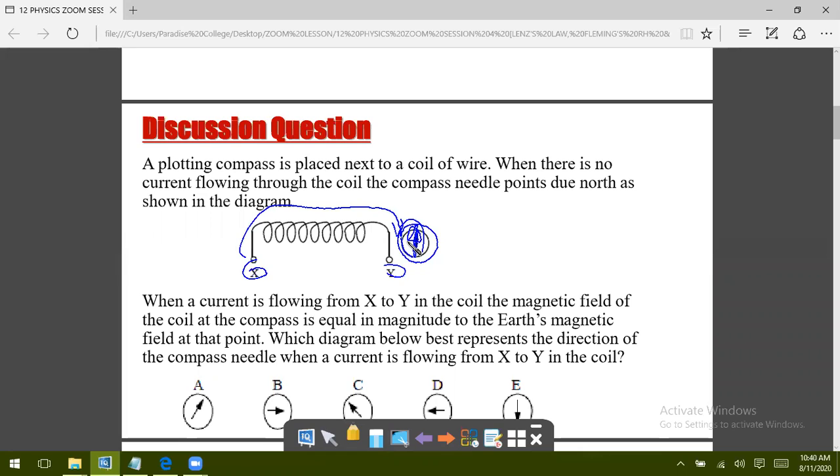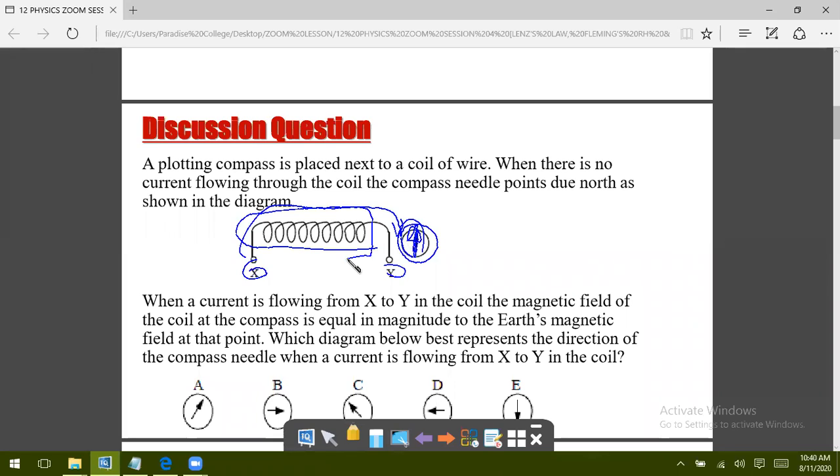So after identifying the current direction, we are going to use the right hand grip rule. Are you listening? We're going to use the right hand grip rule to identify the polarities of this solenoid.